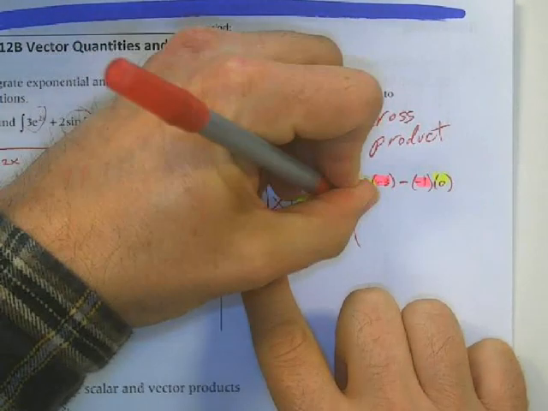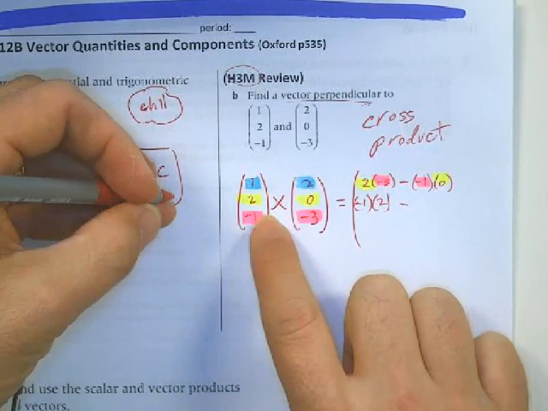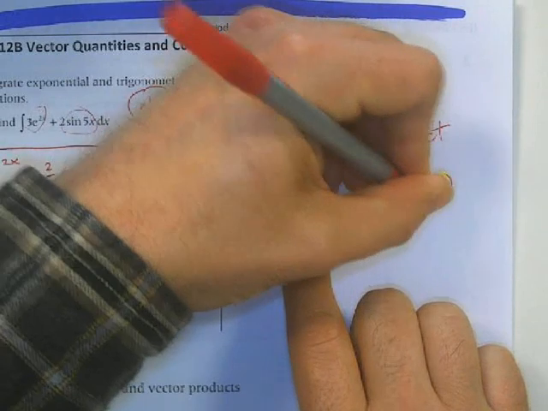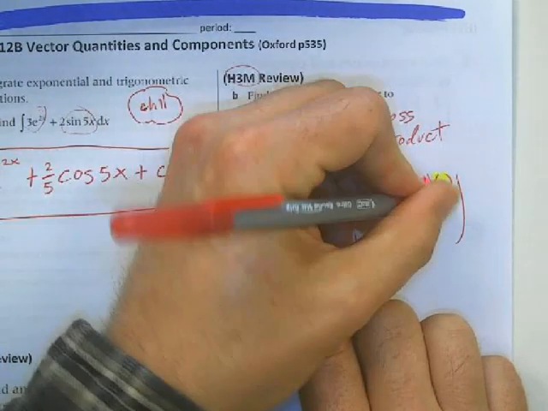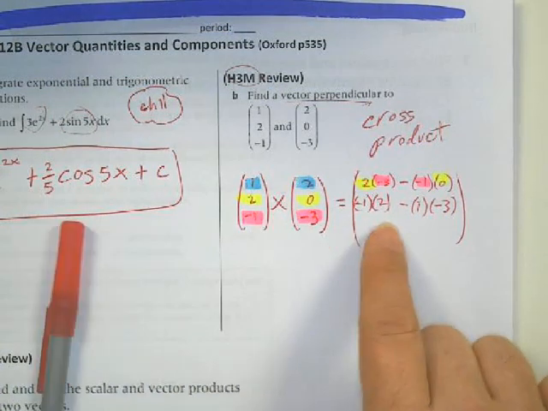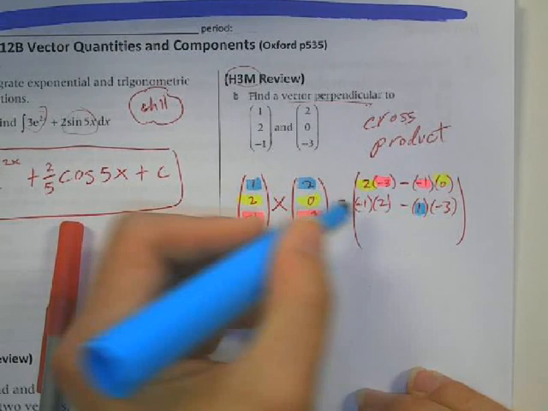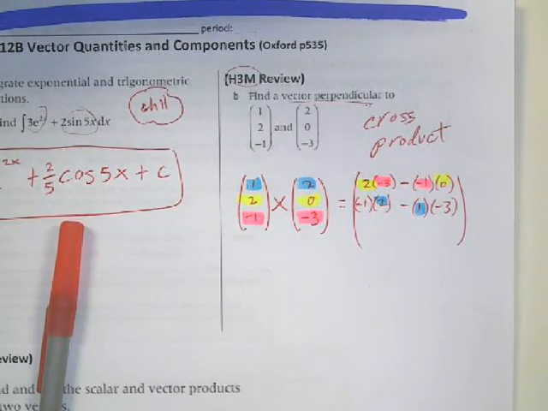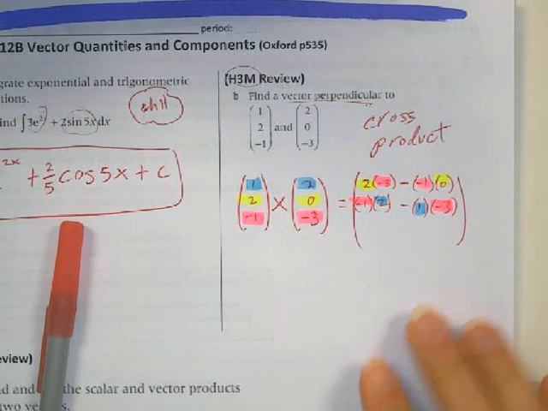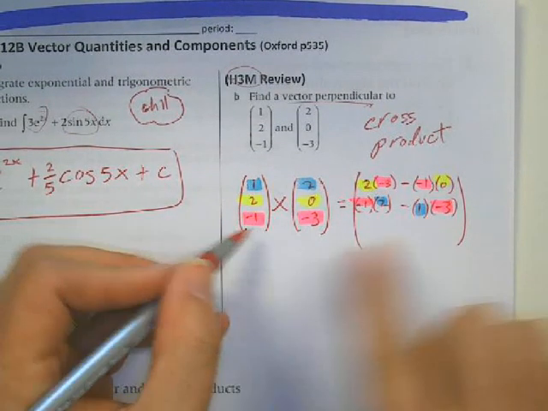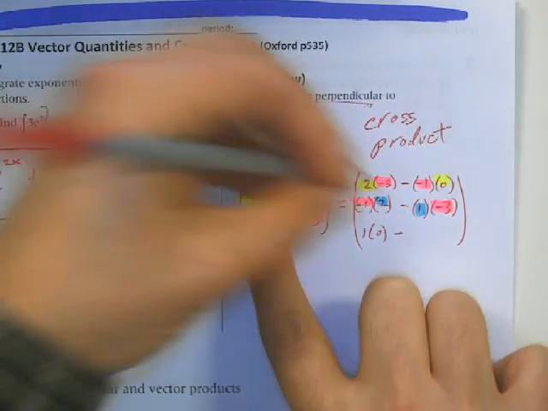So we have -1 times 2 minus 1 times -3. This middle one does not have the yellow numbers there. And then the bottom row doesn't have any pink numbers, so it's going to be 1 times 0 minus 2 times 2.